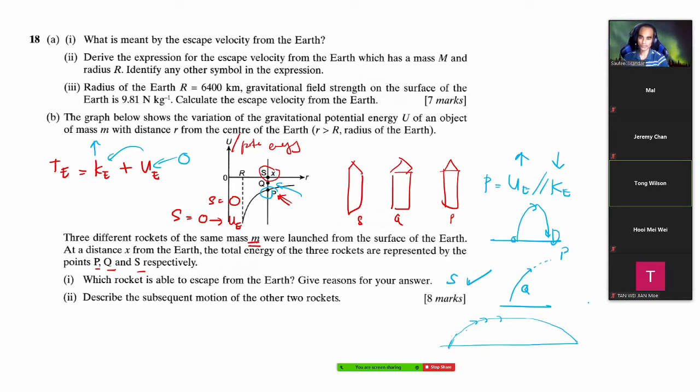If you remember inertia, it can escape, but I don't think so. It's 50-50. That's why Q is down here in the middle. But surely S will escape.